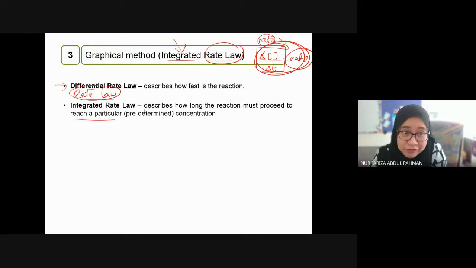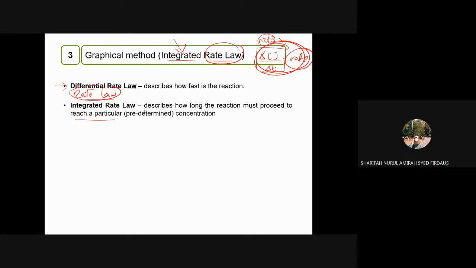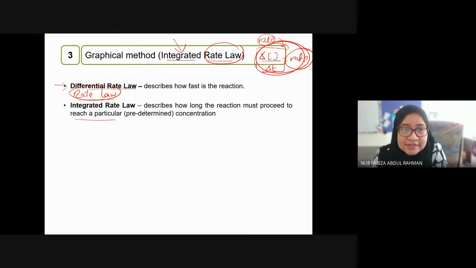We do have concentration in the rate law. Time, madam? Yes, time is what is missing in the rate law. Even in the differential rate law, usually when solving problems, the rate is given directly. The delta concentration over delta T is already given as one value, or we calculate it from data.